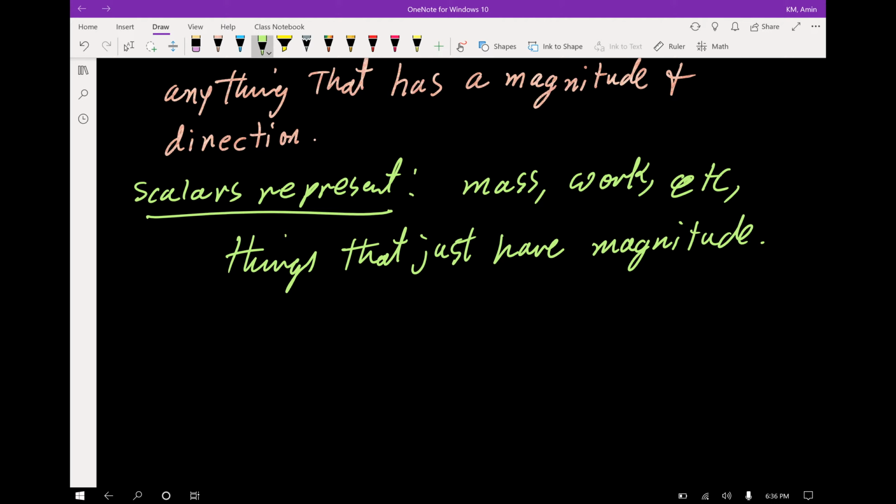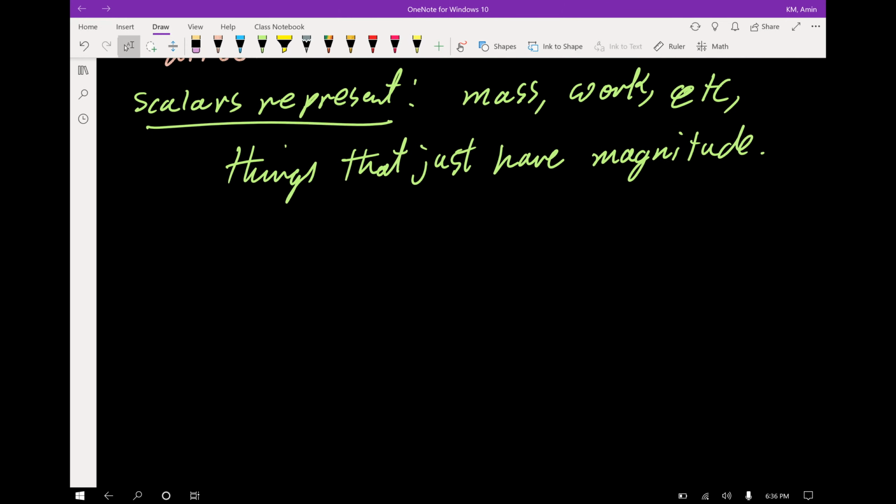So what are the things you can do with vectors?